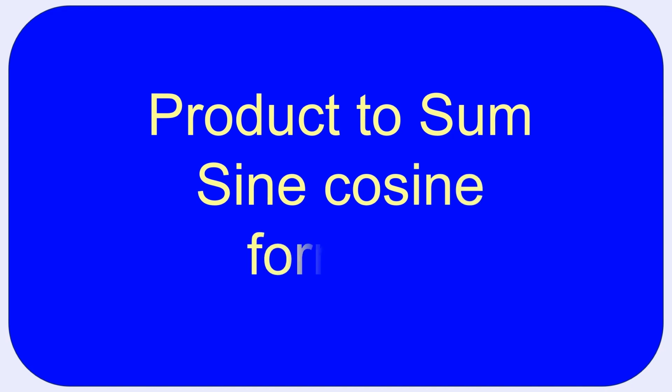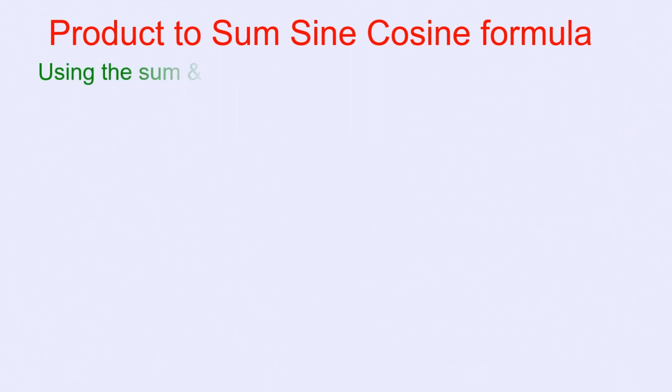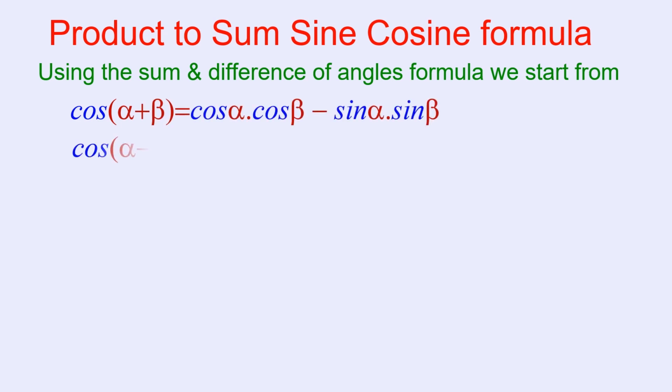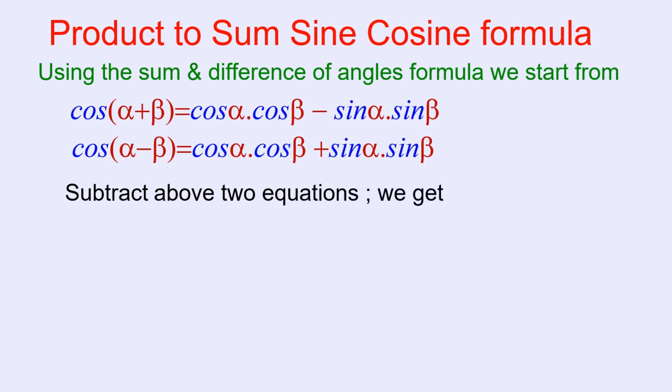The product to the sum, the sine, the cosine formulae. Using the sum and difference of angles formula, we start from the formula of cosine of alpha plus beta, and that of cosine of alpha minus beta.